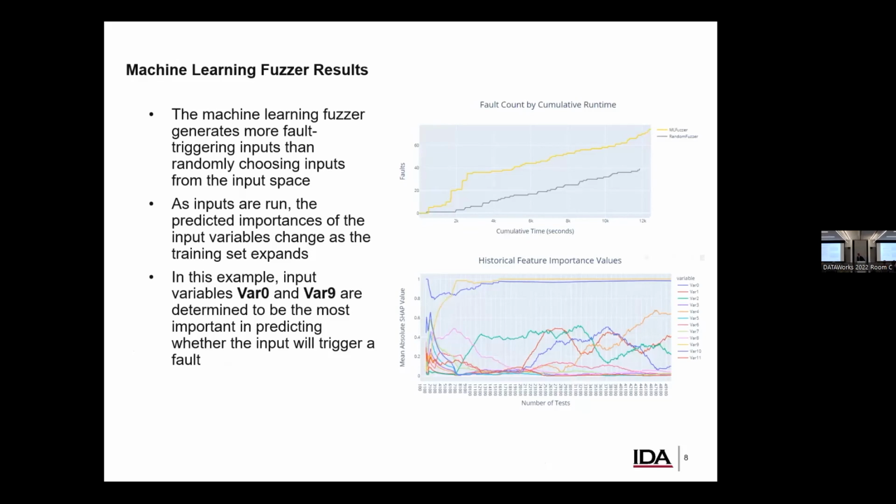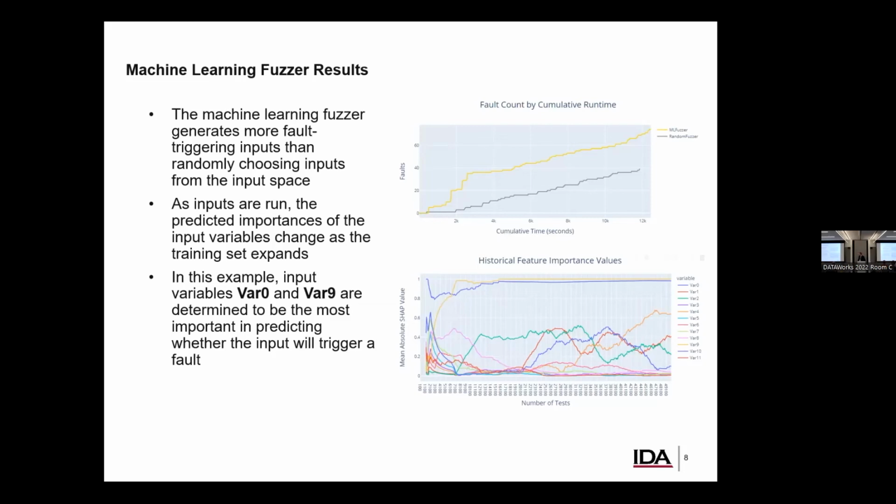So this is some of the results from our program. You can see that the machine learning fuzzer, that's the yellow line on the top, is able to generate more fault producing inputs than just randomly searching that space of possible inputs.